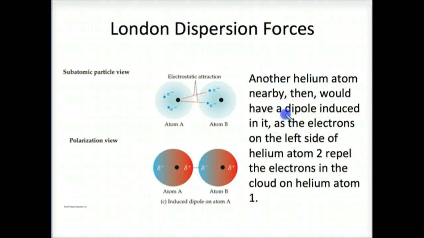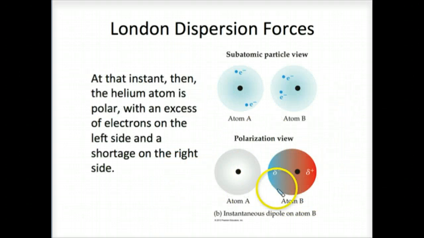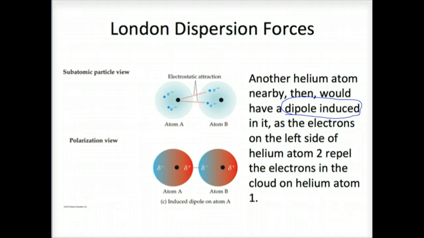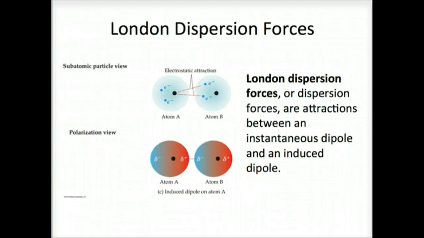So we have this ability to have one molecule end up with this imbalance, and as soon as it gets near another molecule, it causes the new molecule to create a dipole. We induce it in the neighbor. This is in essence at the heart of London dispersion forces or dispersion forces.